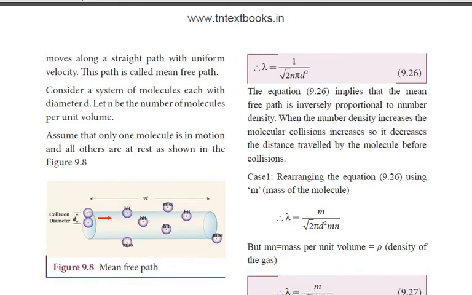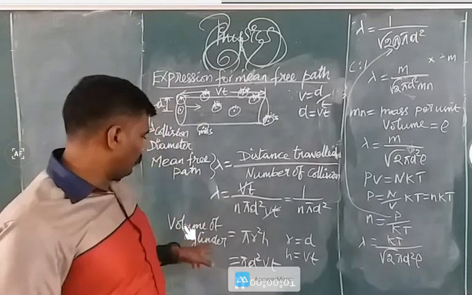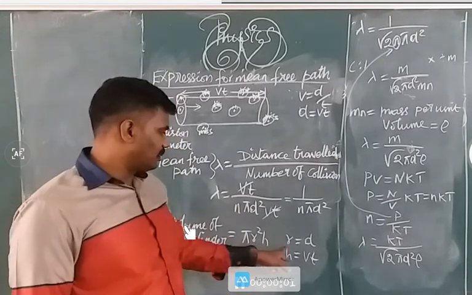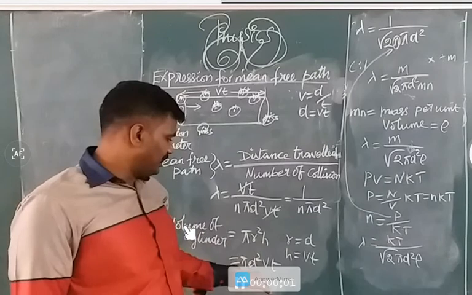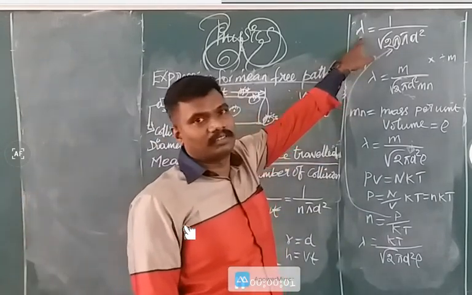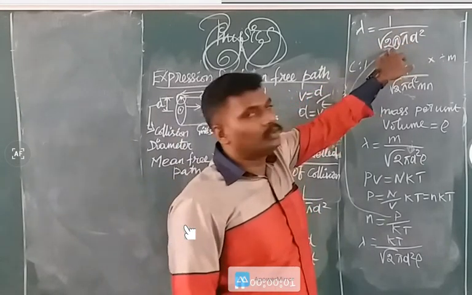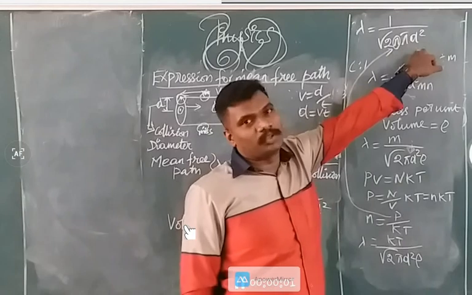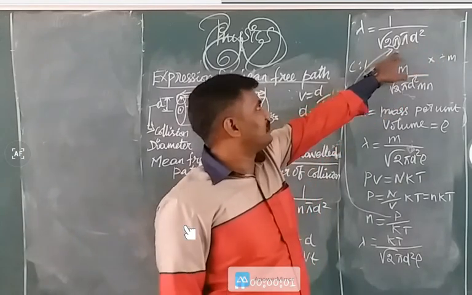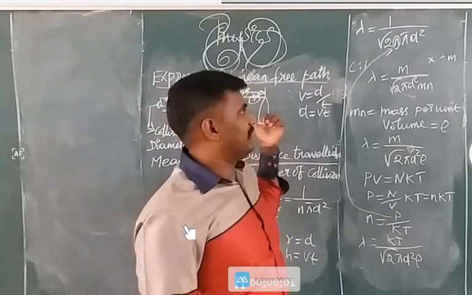Once again, repeating the derivation part. This is the volume of the cylinder, pi r square, which can be written as pi d square. The average mean free path lambda is equal to 1 by root 2 into n into pi d square. Here n represents the number of molecules present in the cylindrical shape.